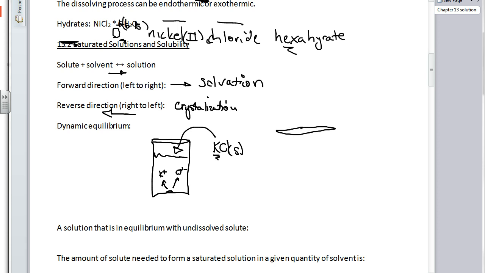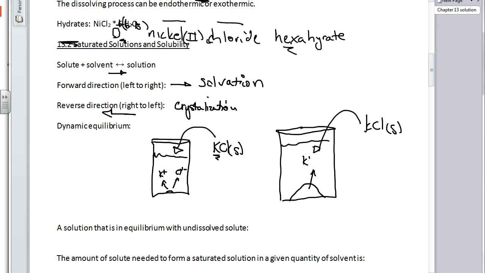Now let's give another scenario here, and another beaker of water. We throw some of the same substance in there, KCl solid, potassium chloride, and let's say we put in enough that not everything dissolves. We have ionization occurring, but we also have crystallization occurring at the same rate.